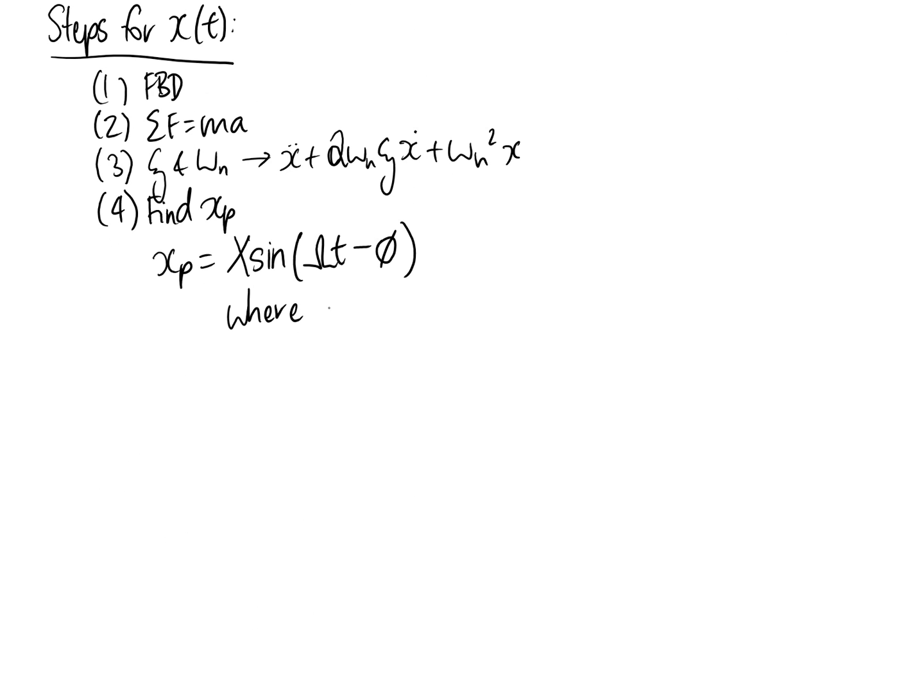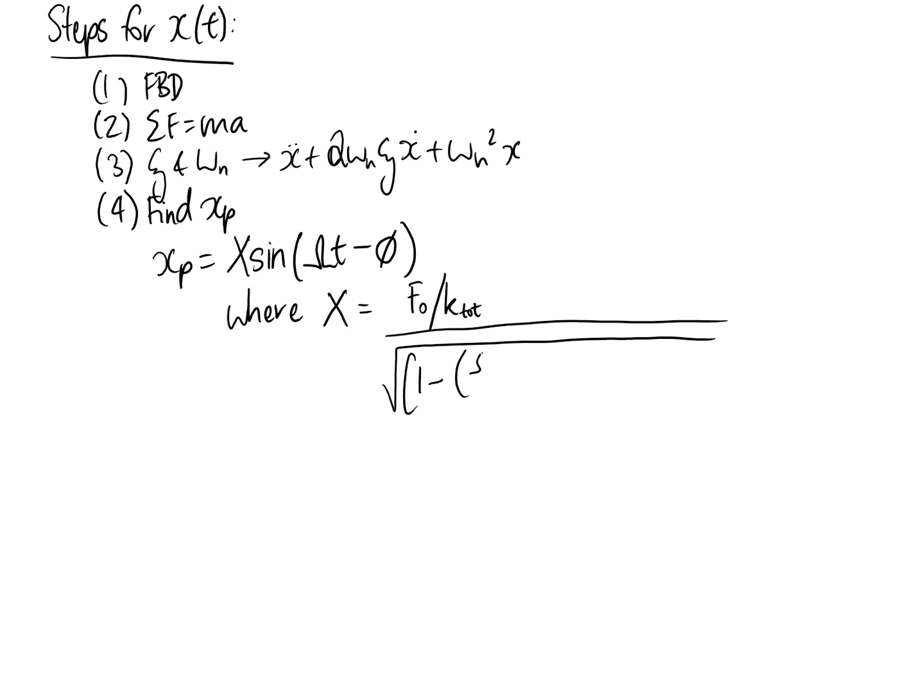So if you go ahead and solve for the constants, it simplifies down to something like this. Let's give it a nice bracket. Okay, so we end up with F0, that's the magnitude of your forcing function.